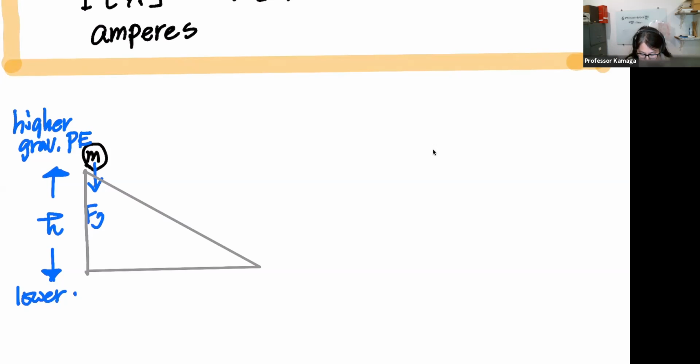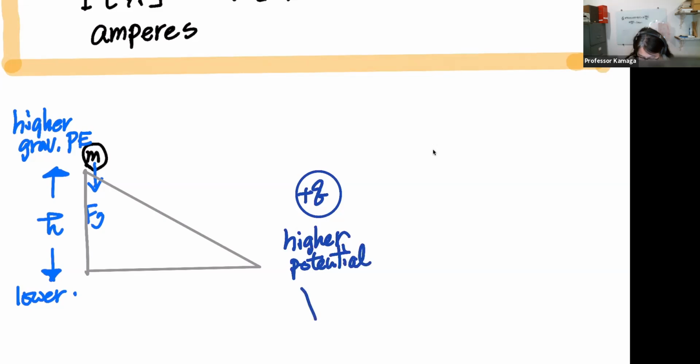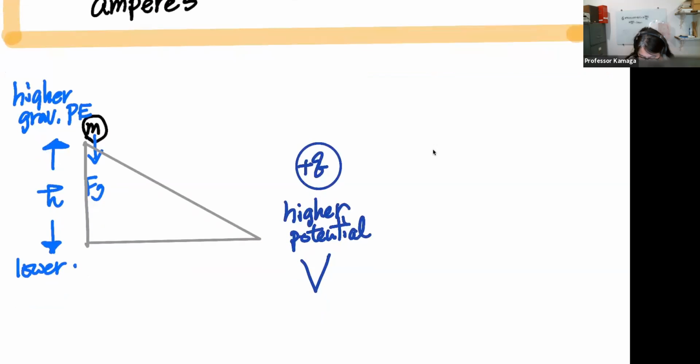The same thing happens with electric charge. It's easier to always use the positive Q. So let's use the positive Q. It moves from higher potential, which means V is high. This V1 is higher, and this is in voltage, right?